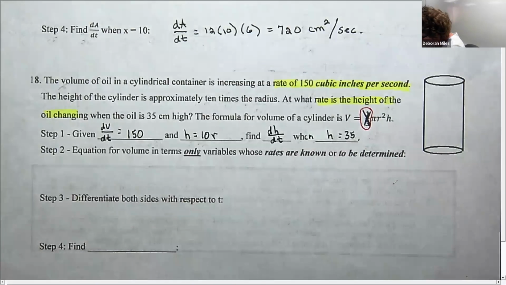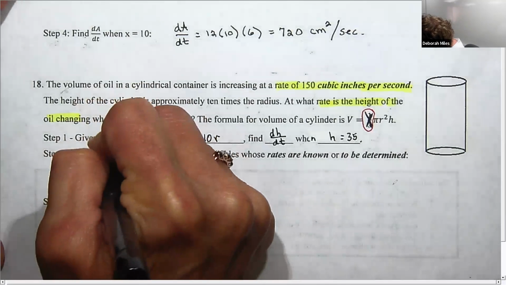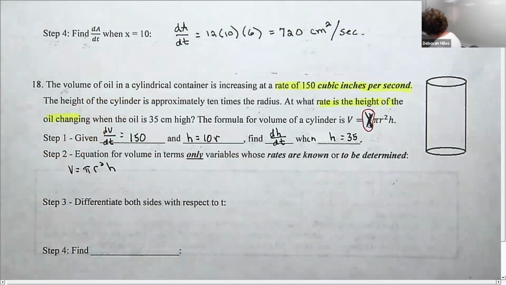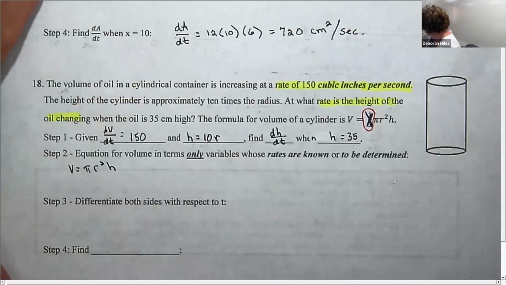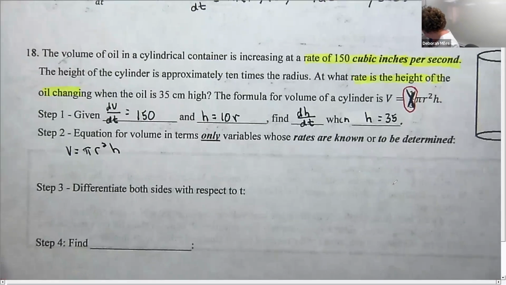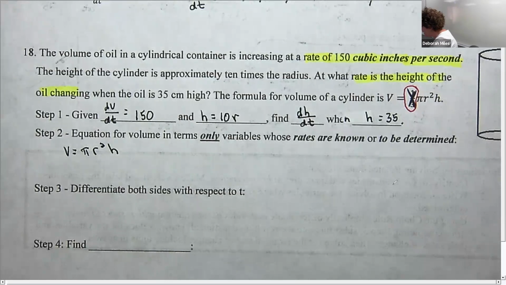I just want the equation volume equals pi r squared h. Except there's one problem with that formula. How many variables does that formula have in it? 2? No. It has more than 2. 3. It has 3 variables in it.